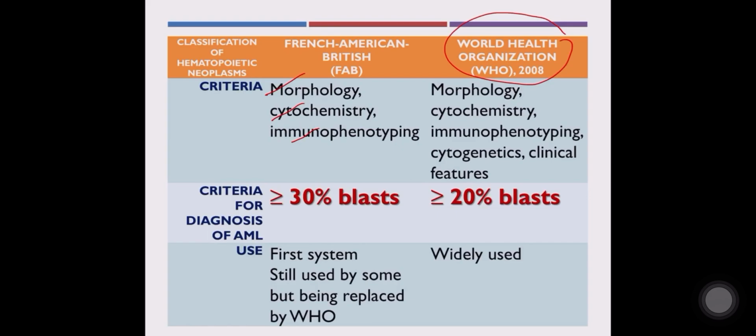Ano yung basis ng WHO for classifying acute leukemia? Morphology, cytochemistry, immunophenotyping, cytogenetic, and clinical features. To be classified as acute leukemia, according to WHO, greater or equal to 20% blast, in contrast sa FAB na 30% blast.